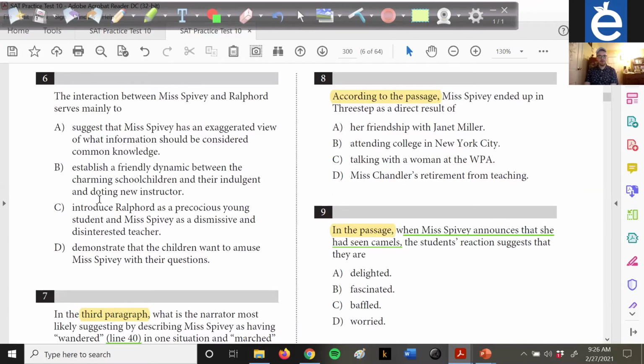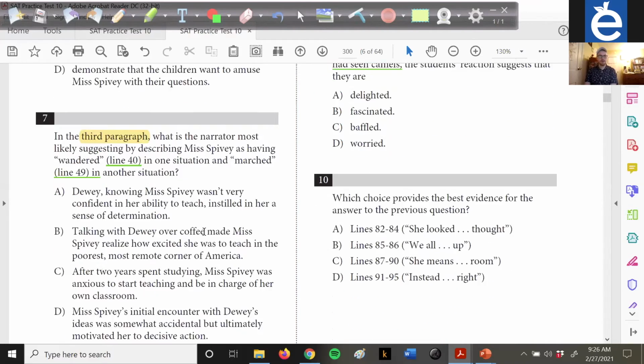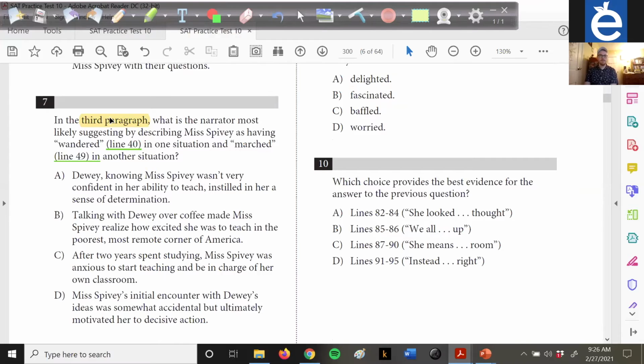Okay, so let's look at some more line questions here. Let's look at this third paragraph, because this is sort of a line question. What is the narrator most likely suggesting by describing Miss Spivey as having wandered in line 40 and marched in line 49?